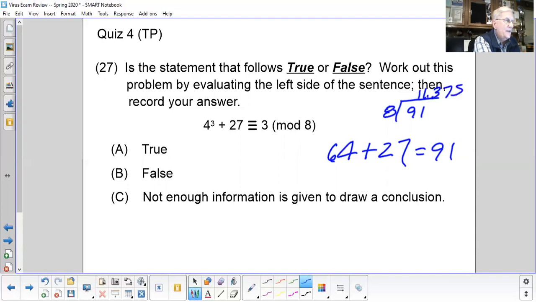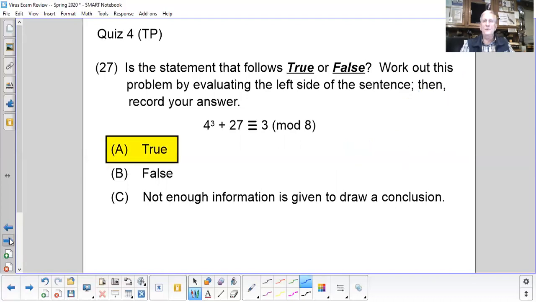I throw away the decimal part. I take my whole number part, 11, multiply it by 8. That's 88. My remainder is 3. So it appears that this statement is true. You do get 3 mod 8. So this answer is true.